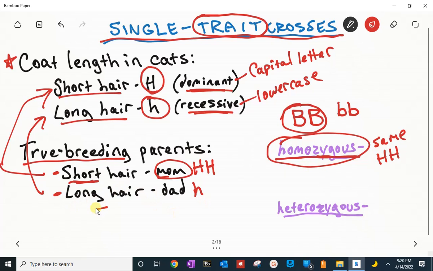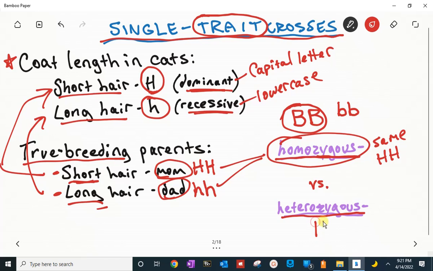The long hair for dad, lowercase h. If he's a true breeding parent, then both of his alleles on the two chromosomes in the pair are going to be lowercase h for long hair. So these are both homozygous. And to contrast that, heterozygous would be something else.